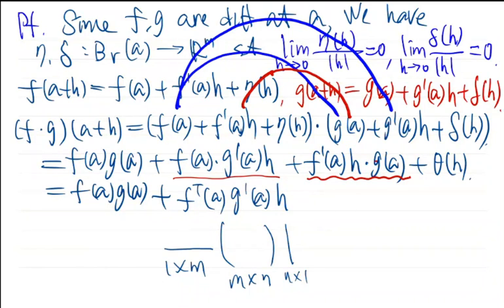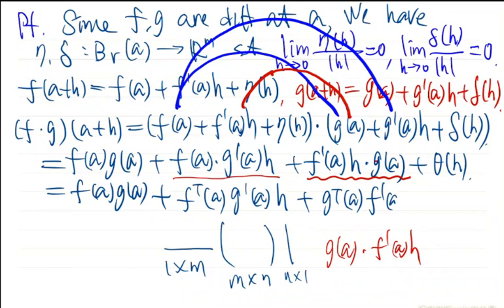So we can write g(a) and f'(a)h. Then we use the previous trick to write the transpose of g(a) times f'(a)h, plus theta(h).